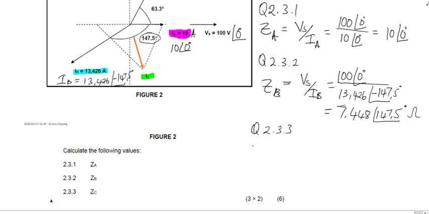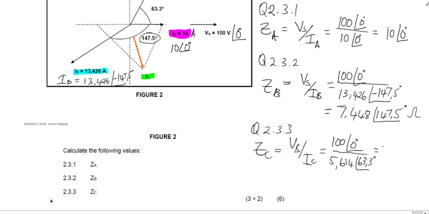Then let's look at question 2.3.3. Let us look at ZC. I'm sure you're noticing there's a pattern. So VS over IC. So we have 100 at an angle of 0 divided by 5.614 at an angle of 63.3.